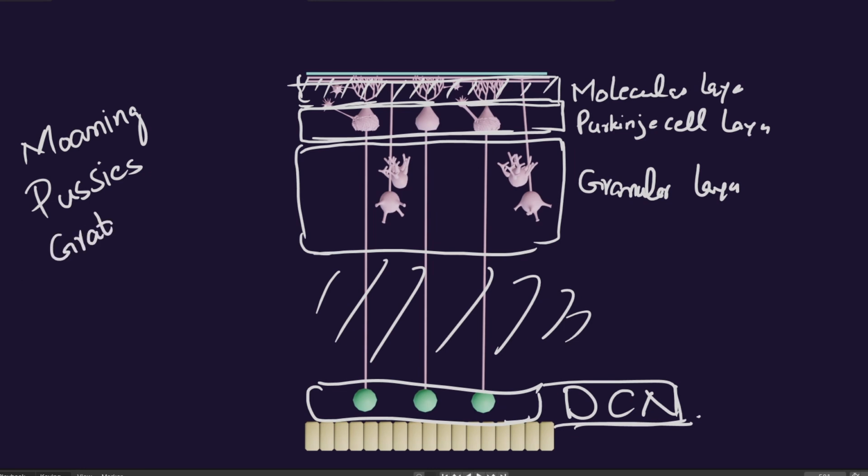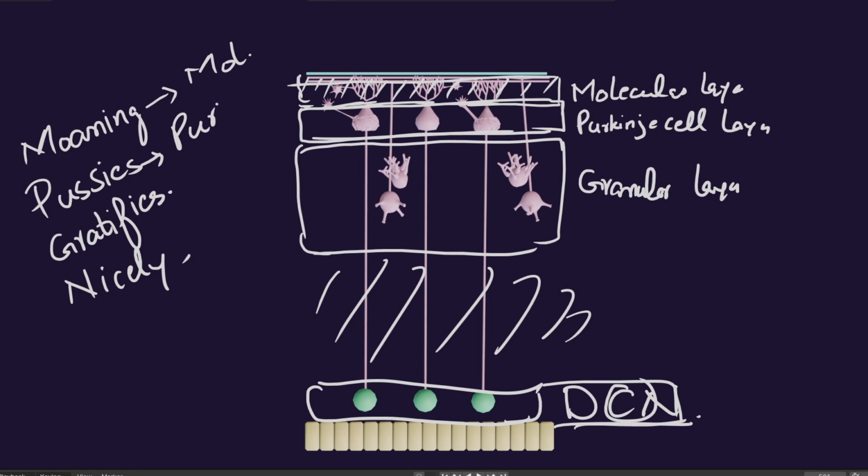And if you want to remember the cerebellar nuclei, you can remember 'nicely'. Morning is for molecular, pussies is for Purkinje, gratifies is for granular, and nicely is for nuclei, I mean the deep cerebellar nuclei.